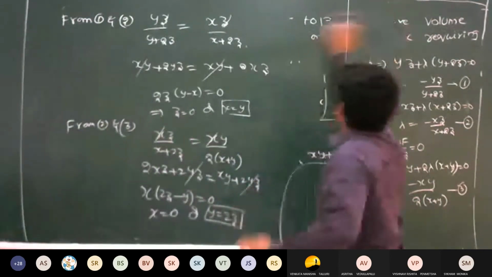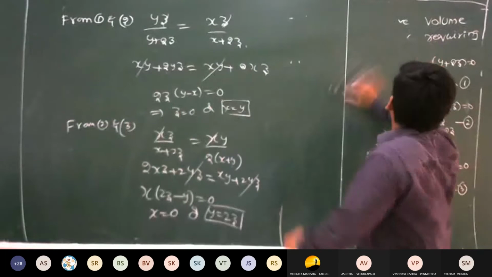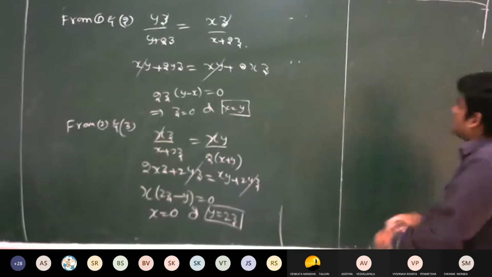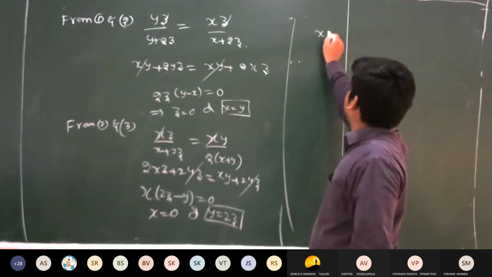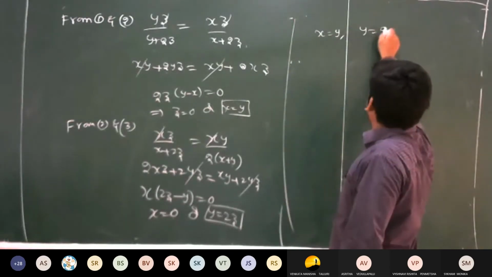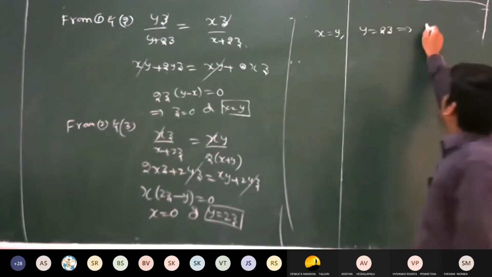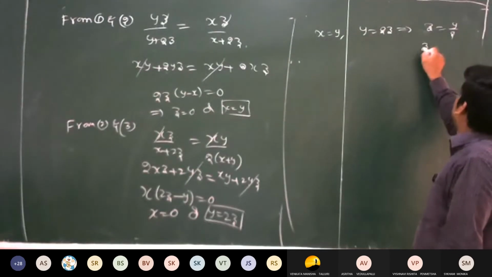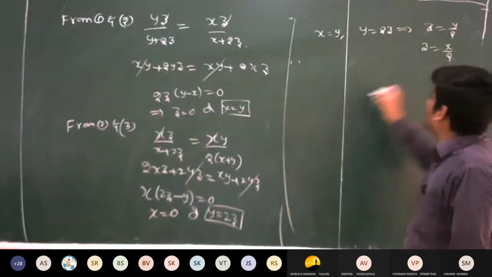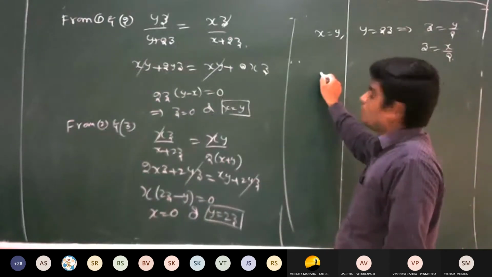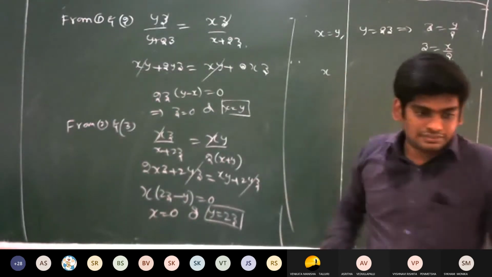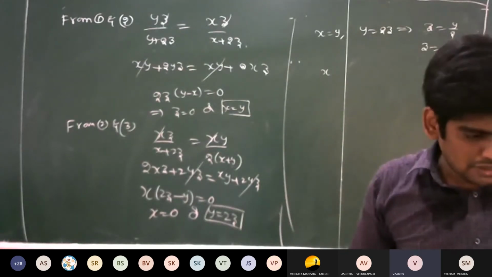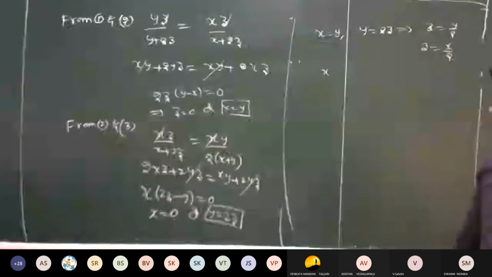So therefore x is equal to y, and y is equal to 2z, which implies z is equal to y by 2. That is, z is equal to x by 2. Any problem?